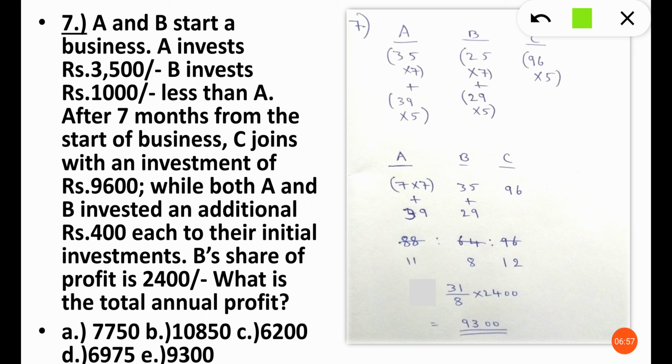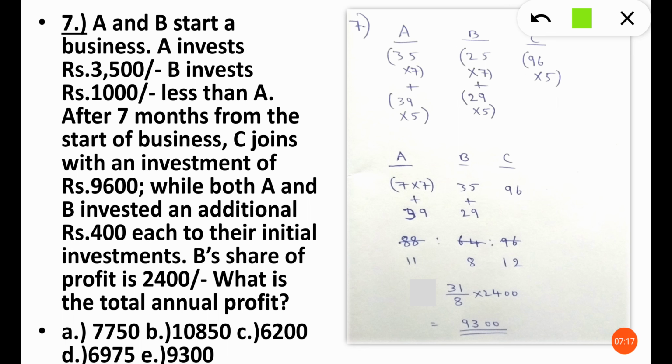Firstly, A invested 35 hundred for 7 months. After 7 months, he invested 4 hundred more, so 39 into 5. B invested 25 hundred for 7 months. After 7 months, he invested 4 hundred more, so 29 into 5. And C invested 96 hundred for the last 5 months, that's why 96 into 5.